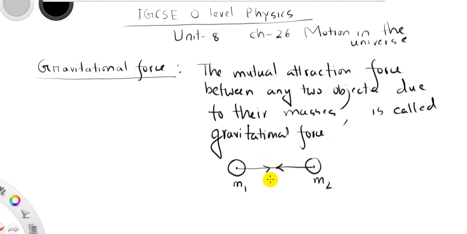Remember, gravitational force is always attractive, and gravitational force is due to the masses of the objects.